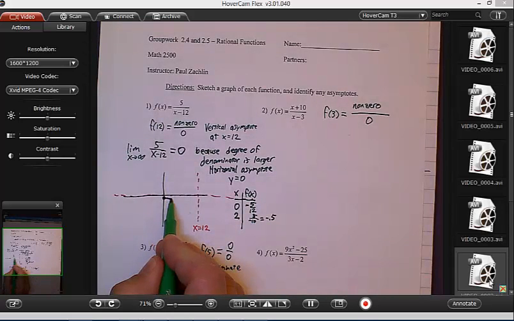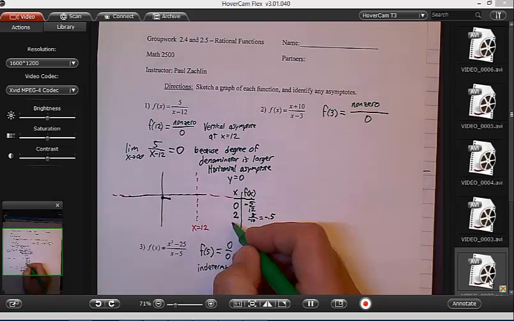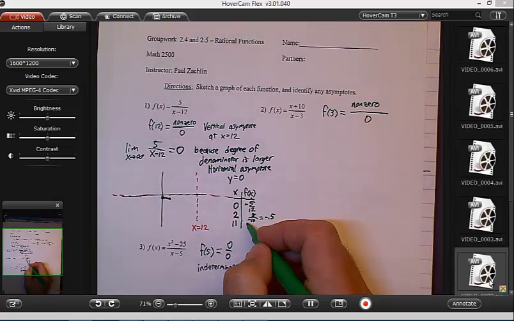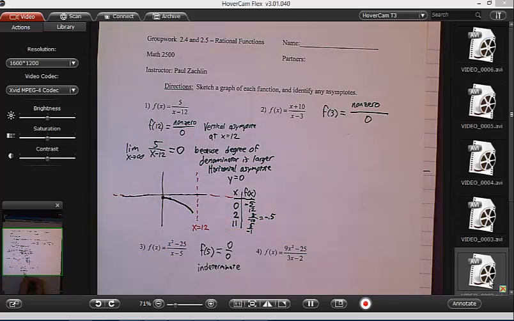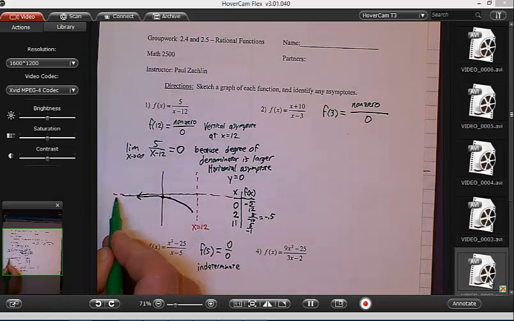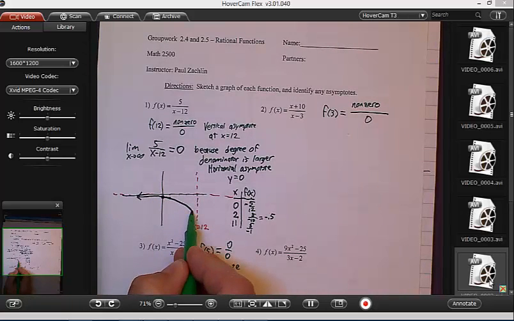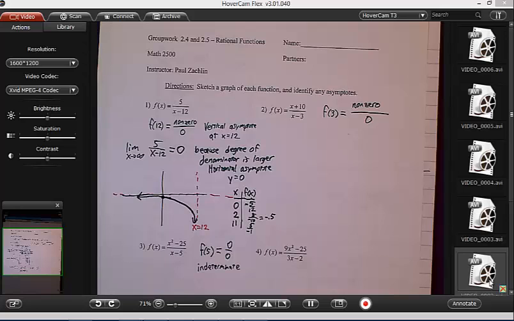So by the time I get here, I am coming down a little bit. Maybe if I throw in 11, I'm at 5 over -1. I'm all the way down to -5. Okay? And I will tell you what's happening here. The curve gets closer and closer to this axis, and it gets closer and closer to that asymptote, right?